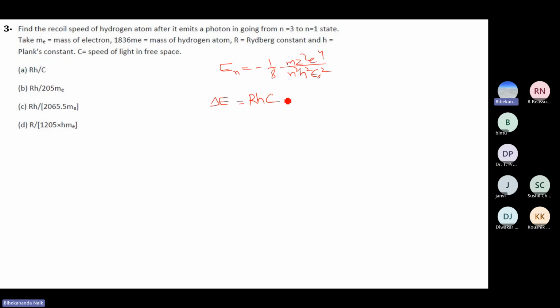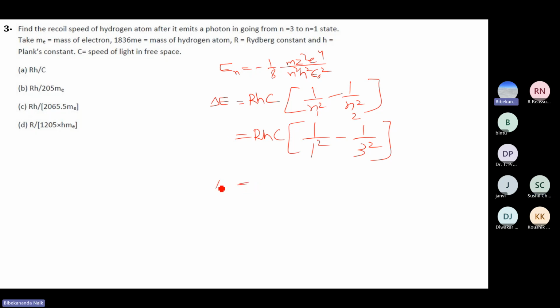So it will be Rhc into 1 by n1 square minus 1 by n2 square. So the energy emitted will be Rhc into 1 by 1 square minus 1 by 3 square, because here the transition is occurring from n equal to 3 to n equal to 1 state.